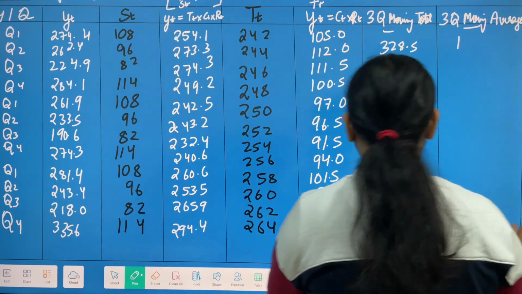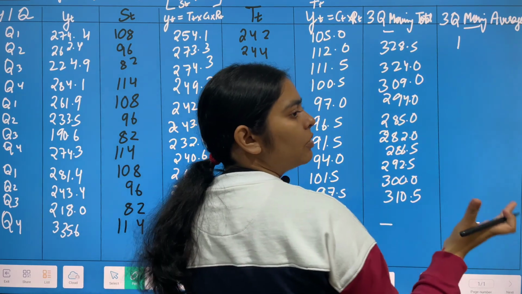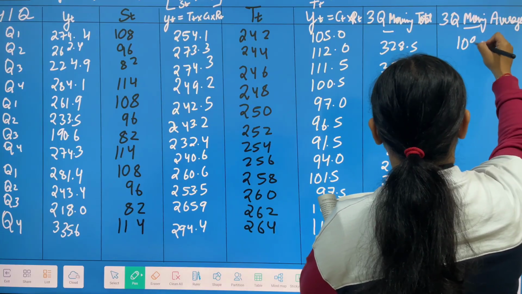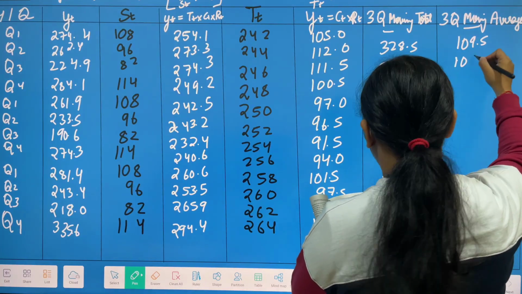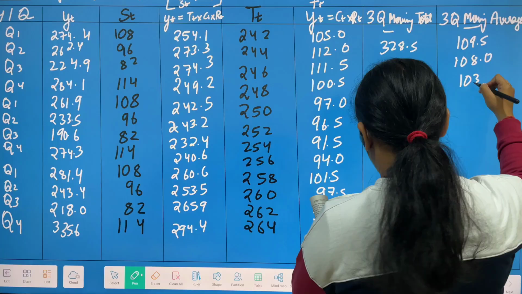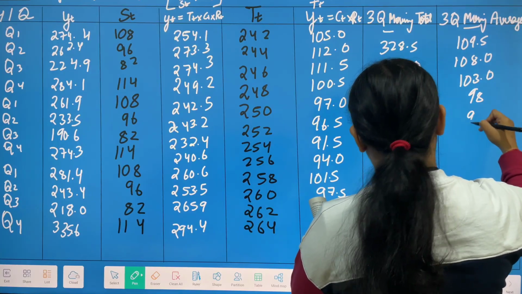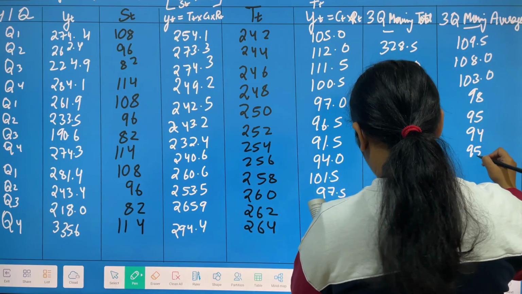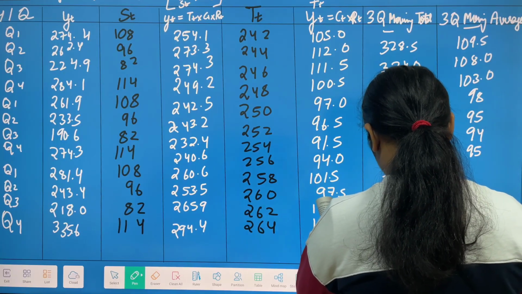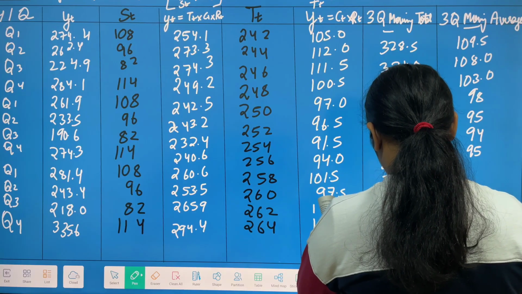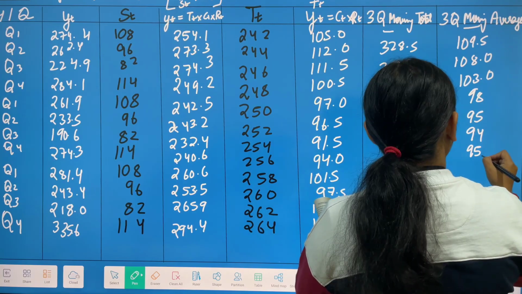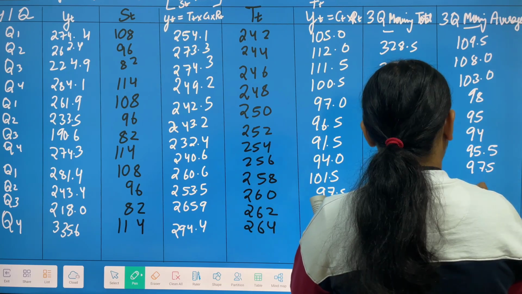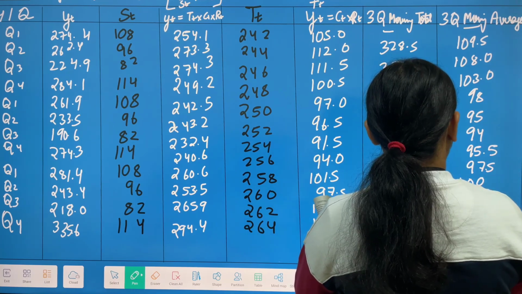If we are calculating for 3 quarters, then the average will be done by dividing by 3 only. So it would be 109.5, 108.0, 103.0, 98, 95, 94, 95, 97.5, 95.5, 100, and 103.5.